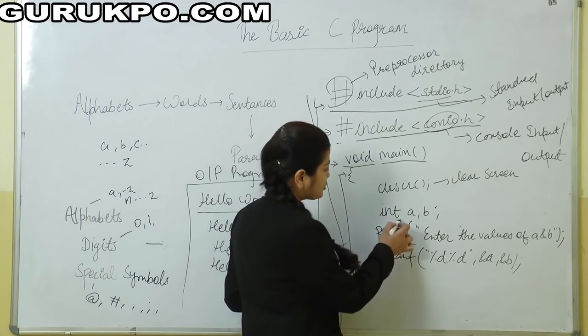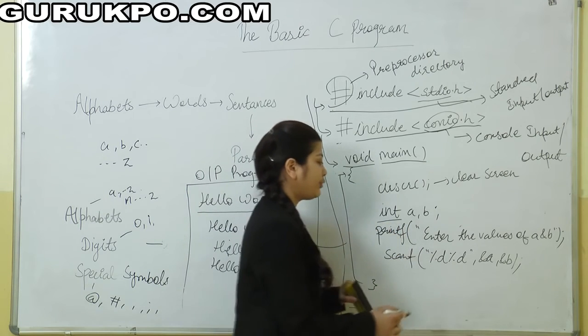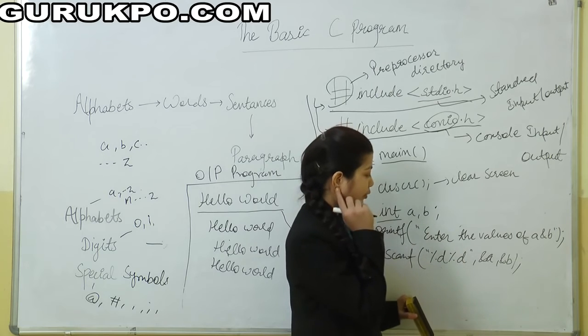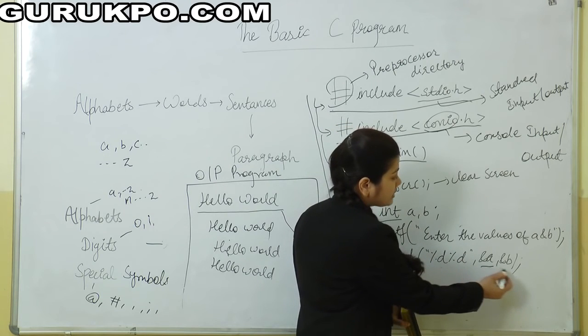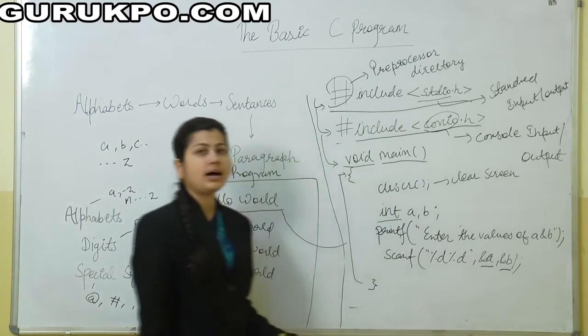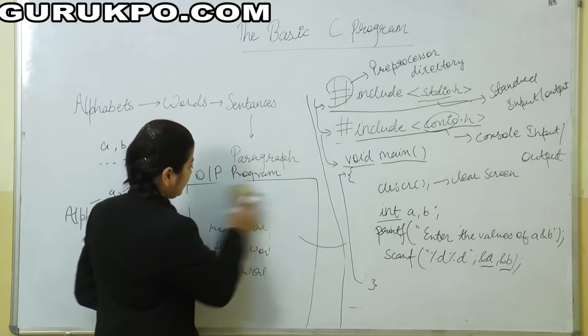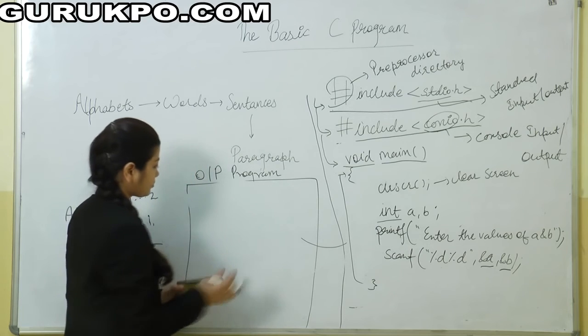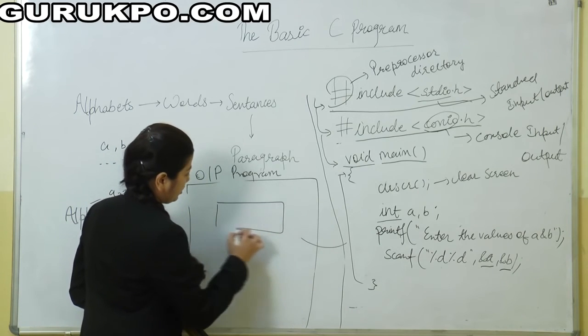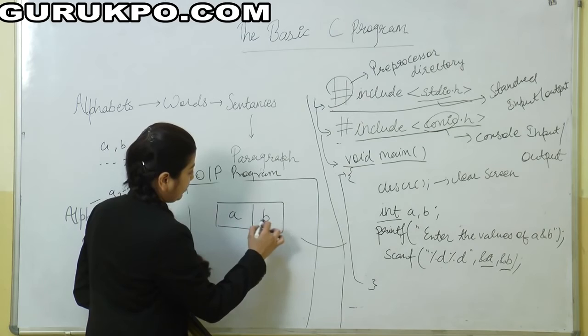So for using integer variables, we use %d and %d in our program, and here &a and &b are the addresses of the variables we use in our program. For example, in our memory the variables are a and b.